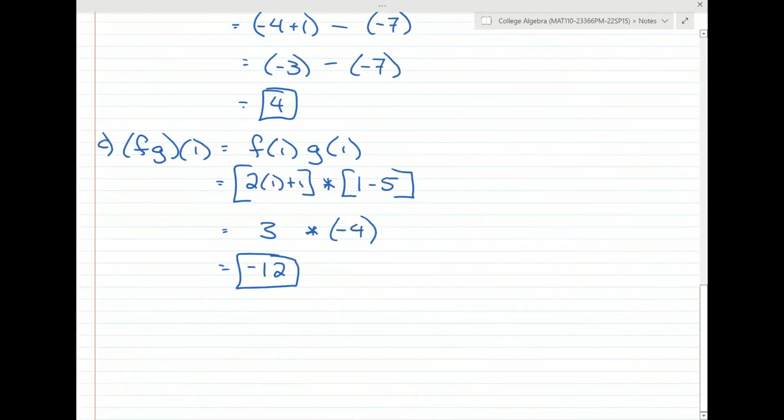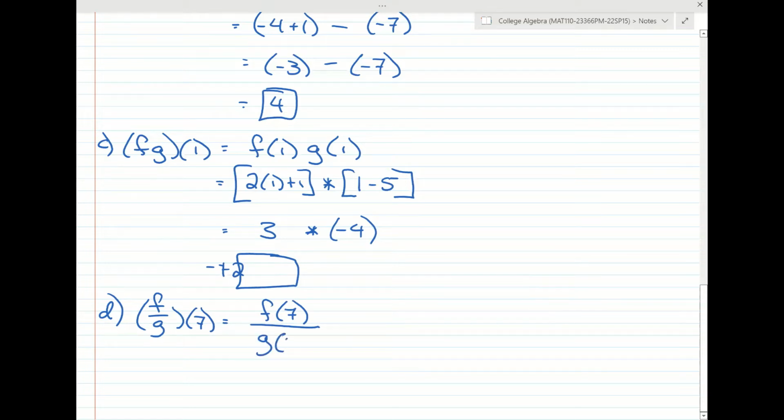And then our last example from this would be f divided by g of 7, which means f of 7 divided by g of 7.